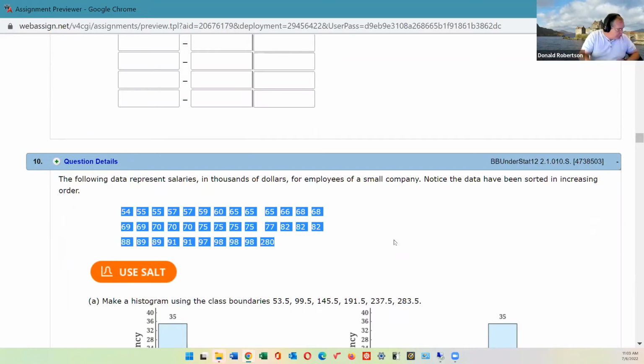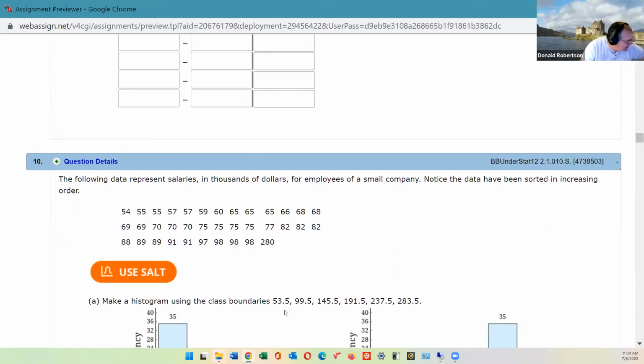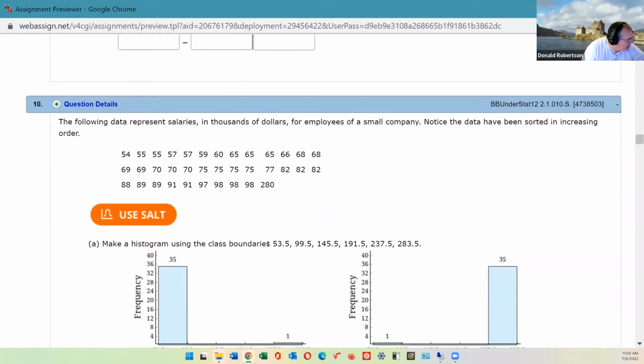So what you do is you group the data, and here are what they're calling the class boundaries. I'm going to have to write them down or I'll forget what they are. It's 53.5 and the next number is 99.5.